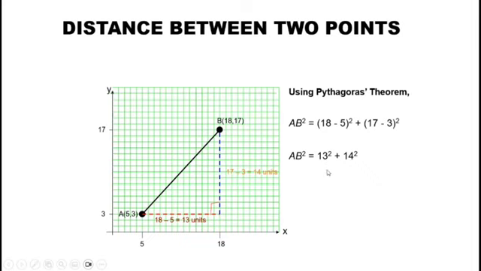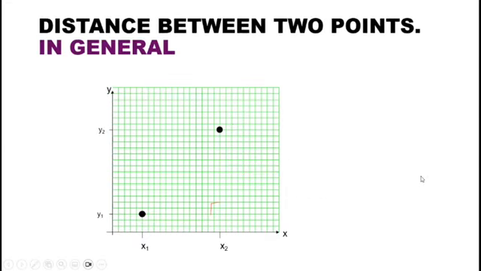So this simplifies to AB squared equals 13 squared plus 14 squared. When we take the square roots of both sides, AB is equal to the square root of 13 squared plus 14 squared, meaning AB is equal to 19.10 units approximately.